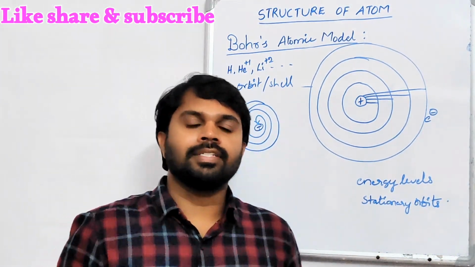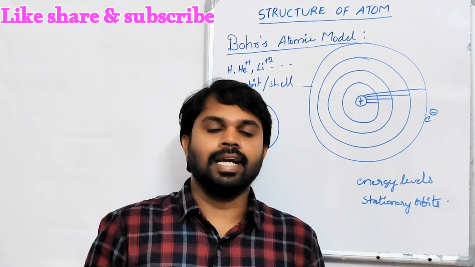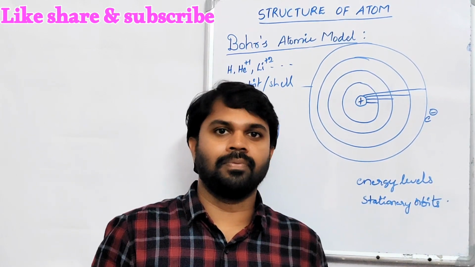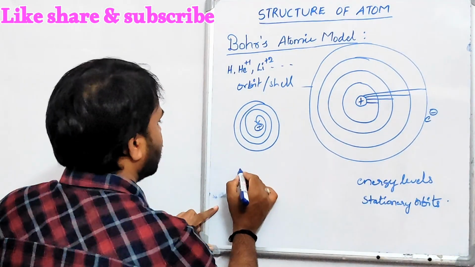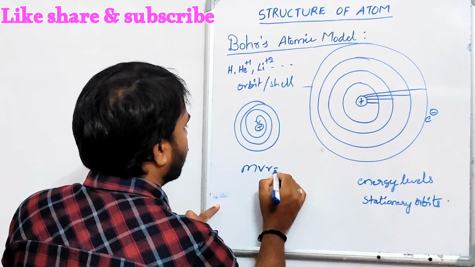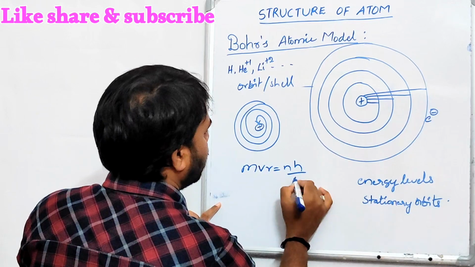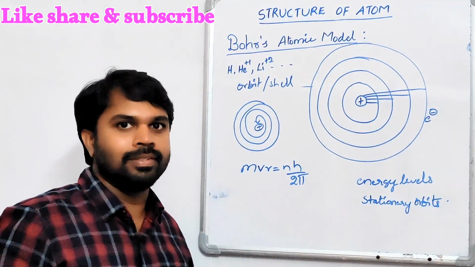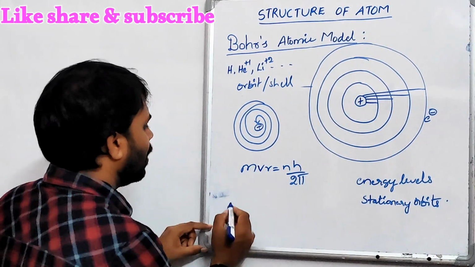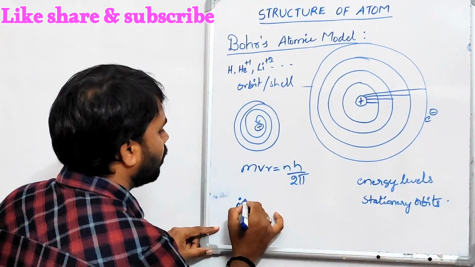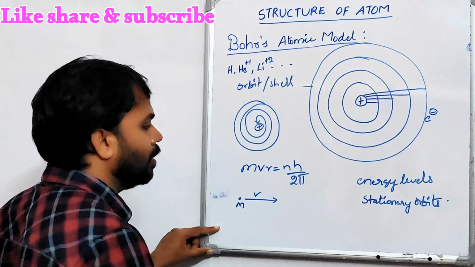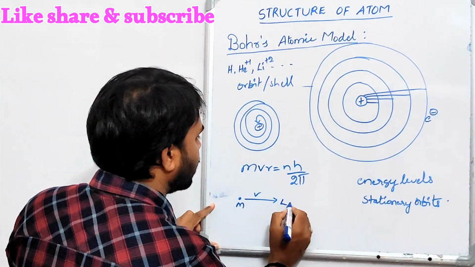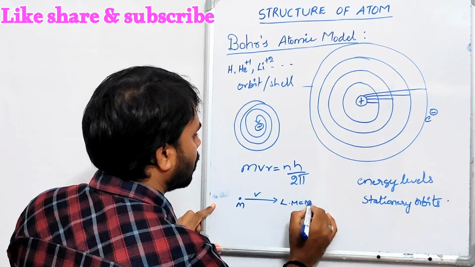And electrons revolve in a circular path with some associated angular momentum. It is equal to an integral multiple of h by 2 pi. That is, mvr is equal to nh by 2 pi. Let's understand this. When a particle with some mass moves with velocity v in a straight line, it has some linear momentum, which equals mass into velocity.